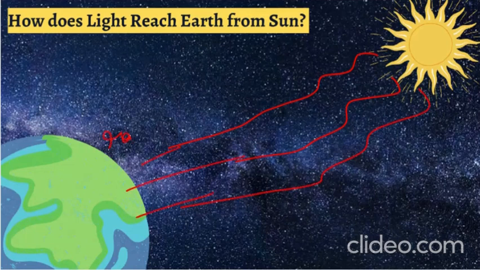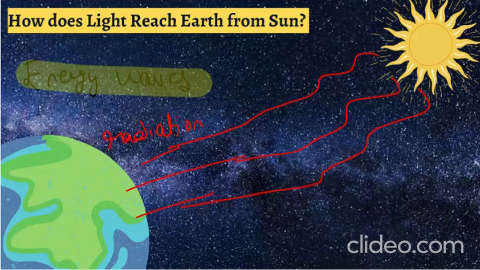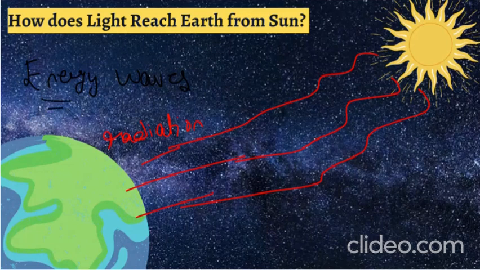You can say by radiation, or basically through some energy waves. As I said, light and sound, all of these are nothing but energy. So through the energy waves, the Sun's sunlight is coming to Earth, correct?